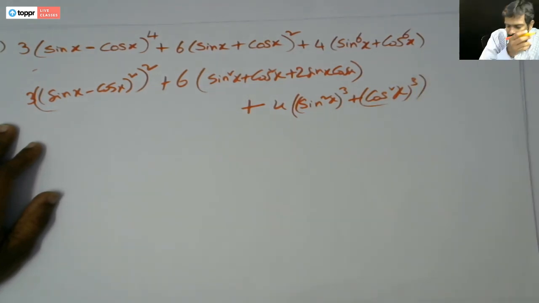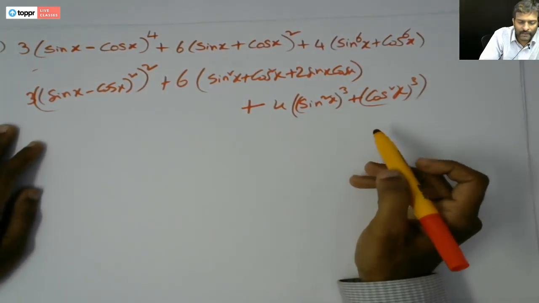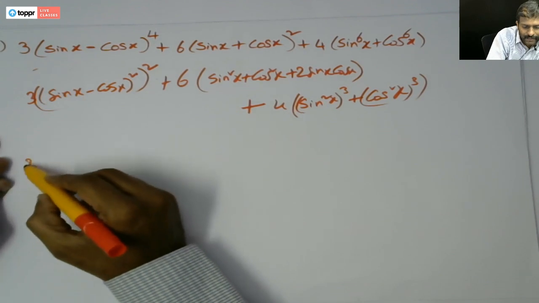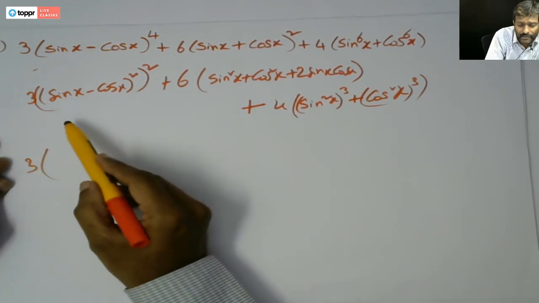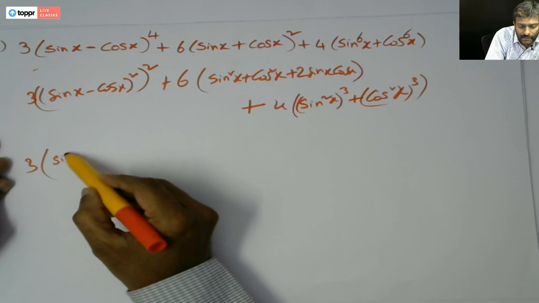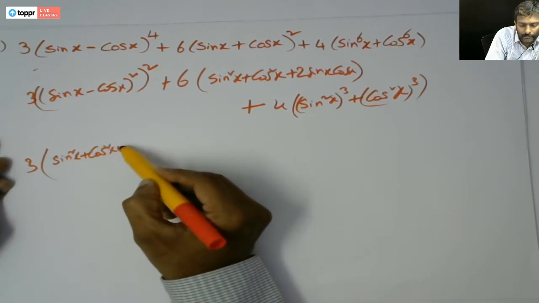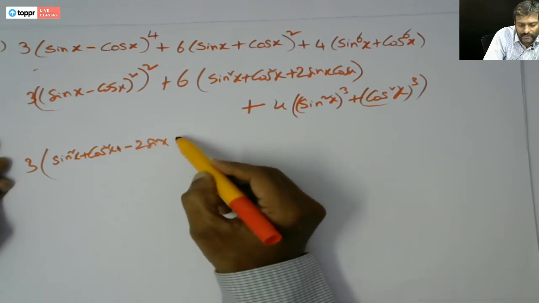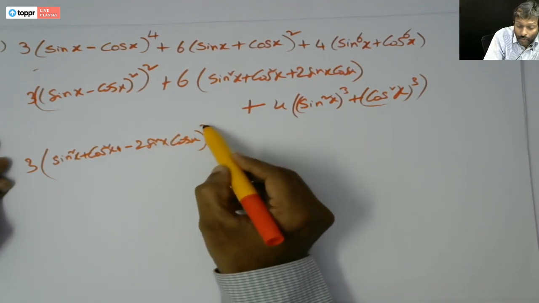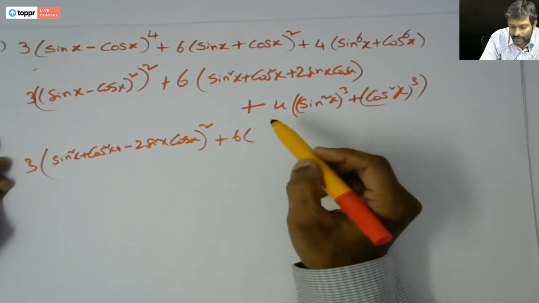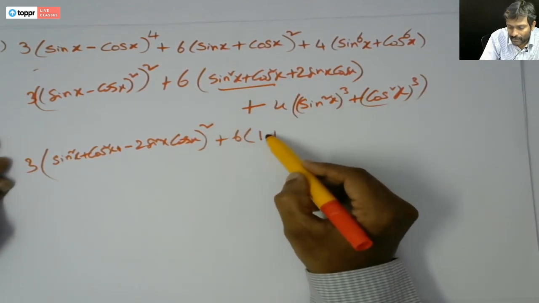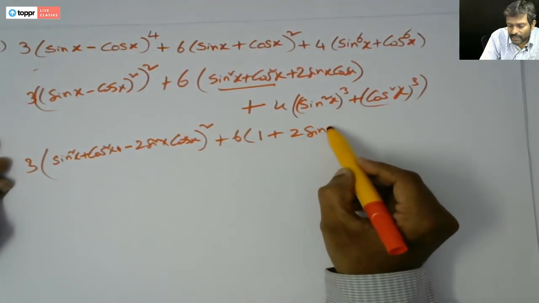Now I'm getting this into the form of a cube plus b cube, right? Now if I expand this, this will be (sin square plus cos square minus 2 sin x cos x) whole square on the top, plus 6 into this value, which is equal to 1 plus 2 sin x cos x.